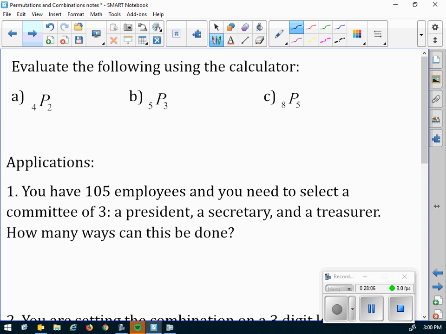Now, all I want you to do on these, use your calculator. All I want you to do is use your calculator to get the answers. Go. P42. If you are not physically touching your calculator, you're not doing what I'm asking you to do. Joanna, calculator.